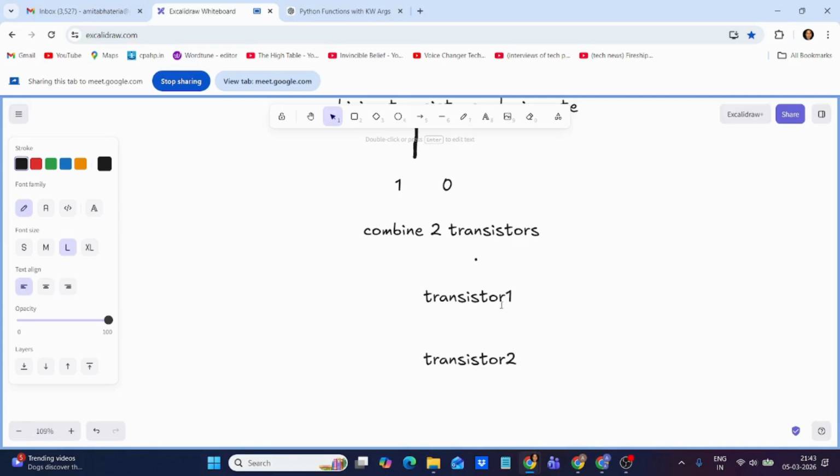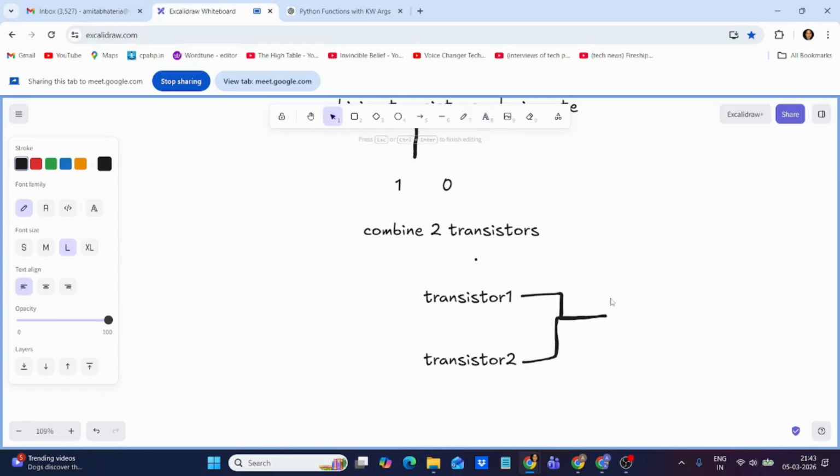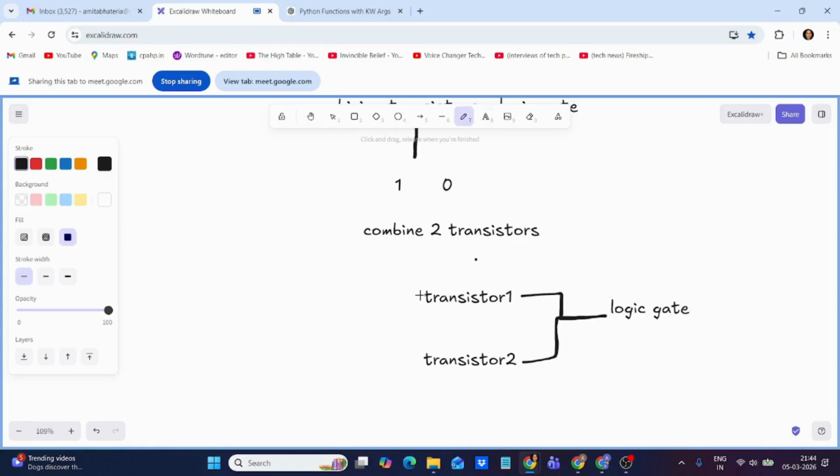When we combine these two transistors, transistor 1 and transistor 2, we form a logic gate. Got it? So we can form a logic gate by combining these two transistors, right?